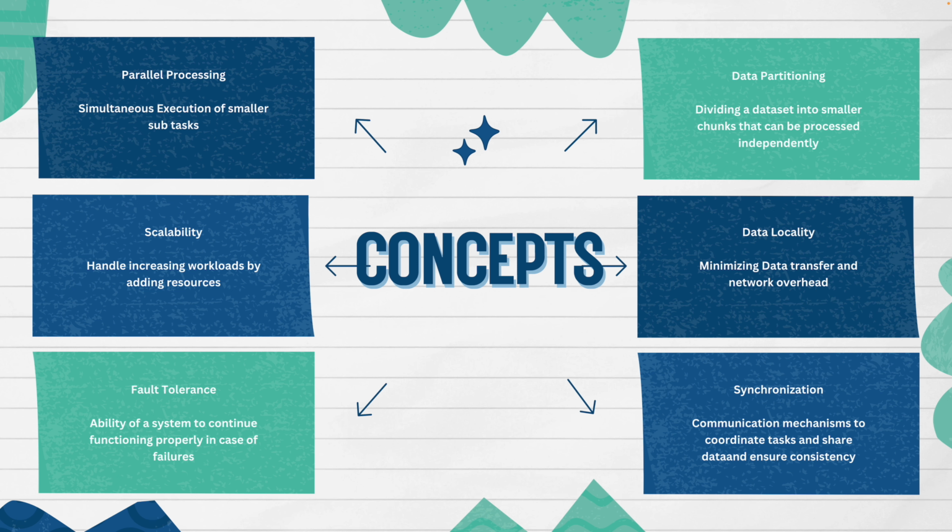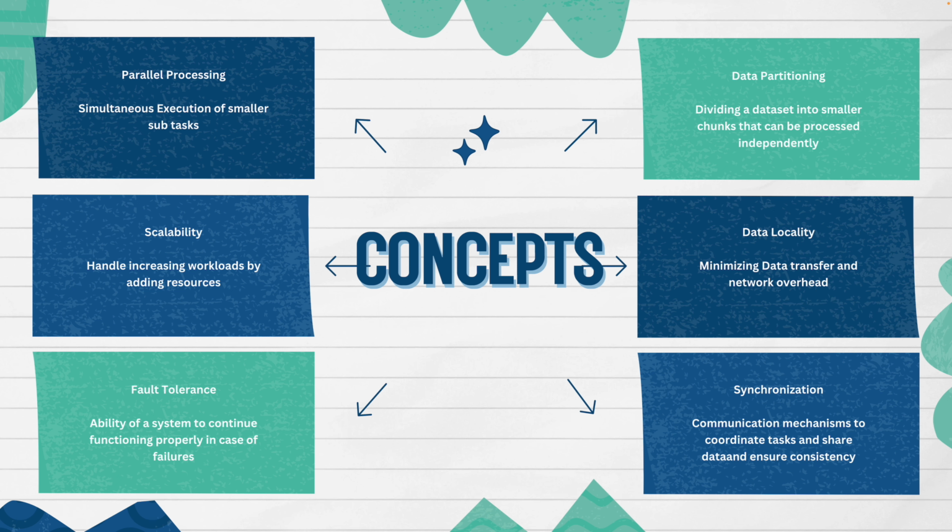Such systems are generally designed to be scalable, allowing them to process large volumes of data and handle growing user demands efficiently. Apache Spark has scalability by adding more worker nodes to the cluster, and what worker and master really mean in Apache Spark architecture we will go through in the coming videos. But Apache Spark has the capability to increase workloads by adding more resources. That's what scalability refers to.